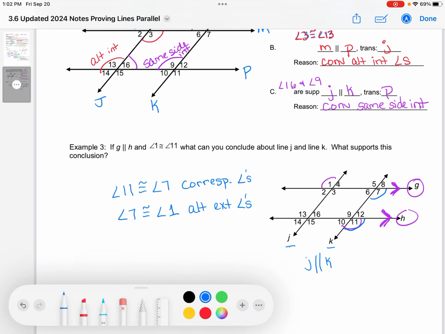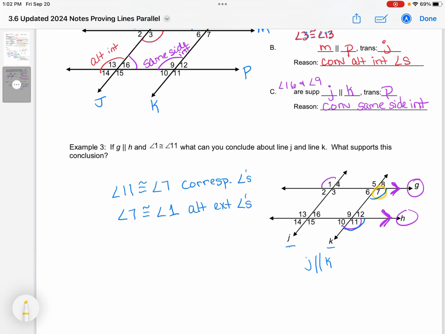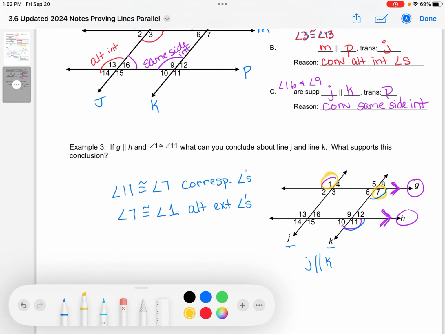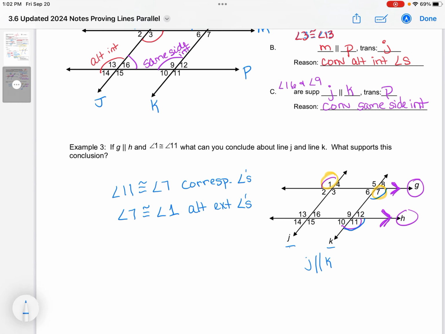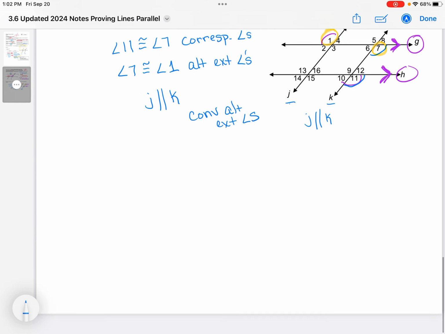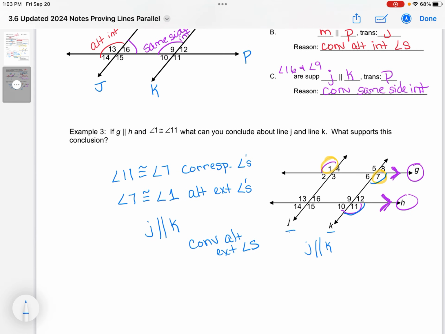Okay, so if 7 and 1 are alternate exterior angles, then J is parallel to K because of converse alternate exterior angles. But if they're different ones, then no. Oh no, they're not. Okay, so once I put 7 in the mix of the angles, it all makes sense.